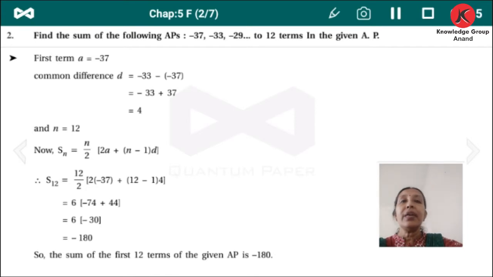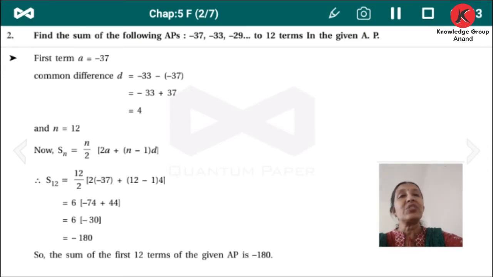Here a is equal to minus 37. Difference is equal to minus 33 plus 37, which is equal to 4. So the difference is equal to 4, and n is equal to 12 terms.